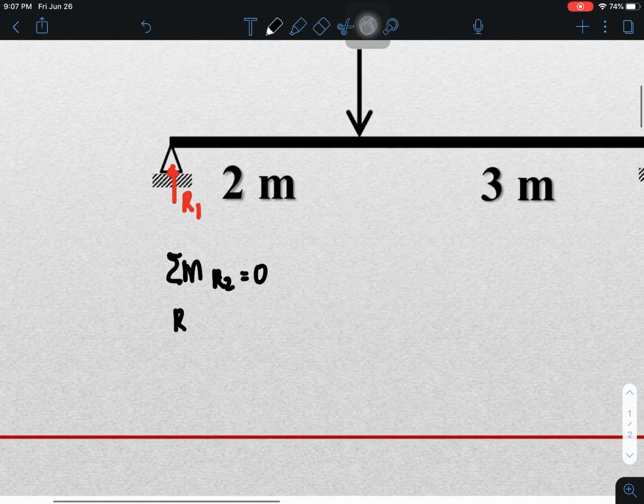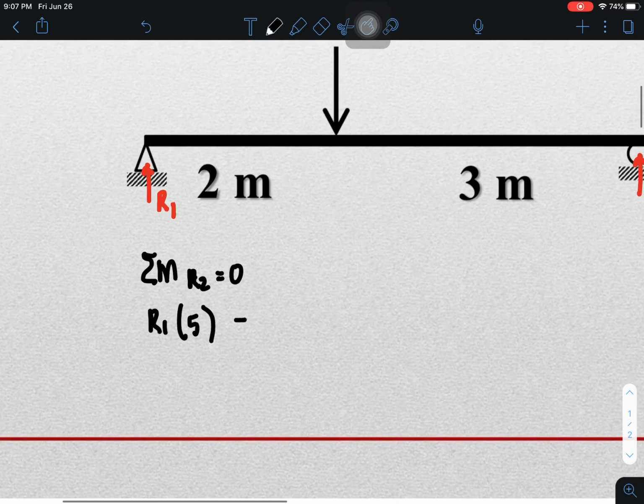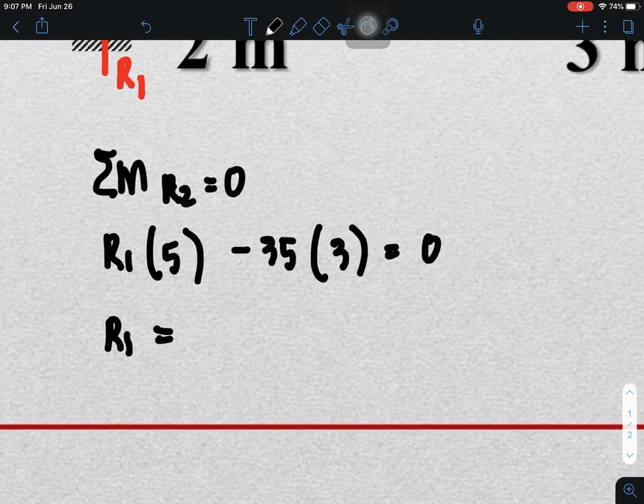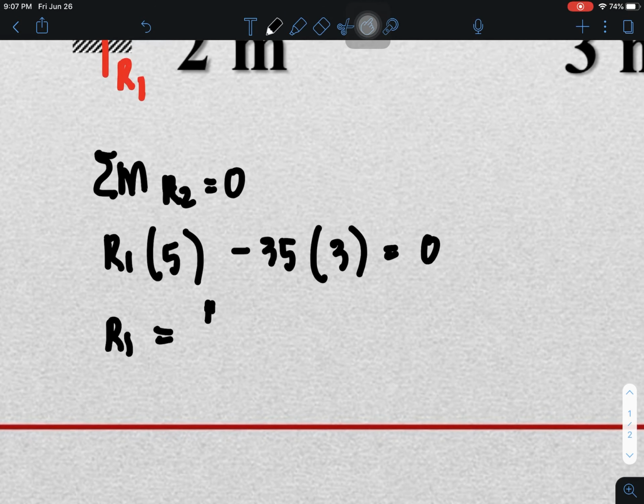So R1 times 5 minus 35 times 3 equal to 0. So we'll have R1 equal to 35 times 3, 105, divided by 5, this is 21.